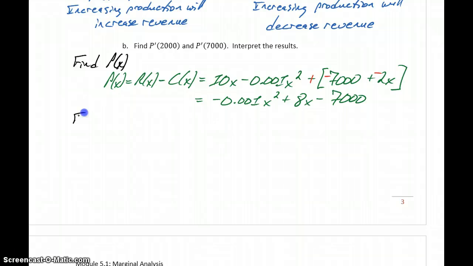Once we have our profit function, then we can find our marginal profit function, which again will just be the derivative of that profit function. So our marginal profit function will be negative 0.002x plus 8, and then minus 7,000 as a constant, so that just becomes 0.